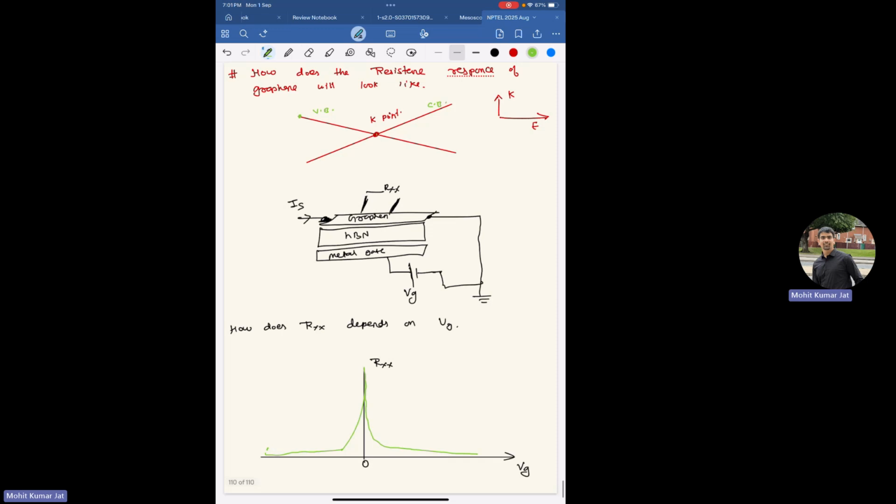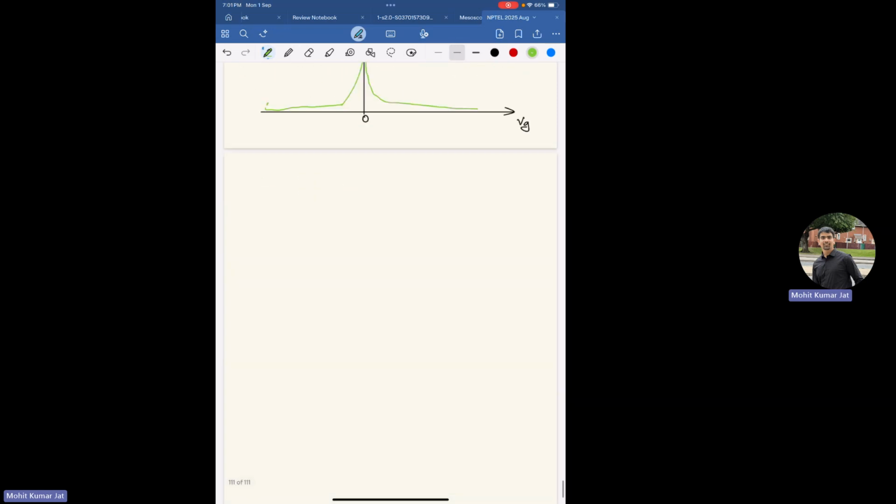RXX versus VG. Because sharply at the K point, the available density of states is zero. And you know that sigma, the conductivity, depends on n e mu. If you don't have any charge carriers n there, your sigma will approach zero, and it means your RXX will peak, and that's what it is.